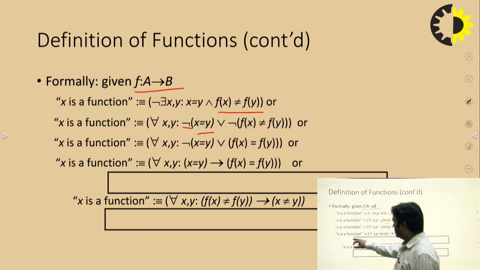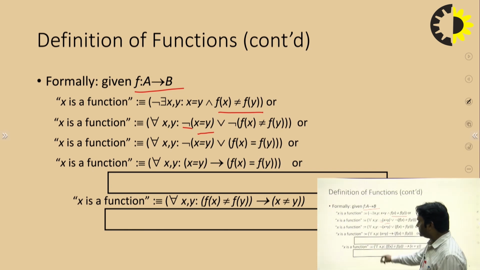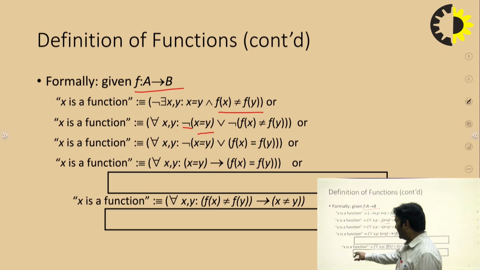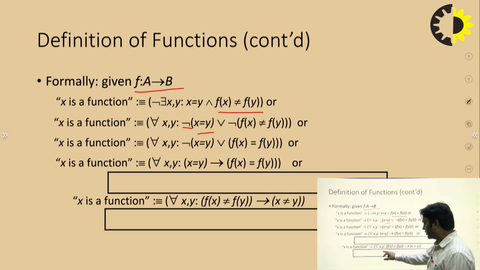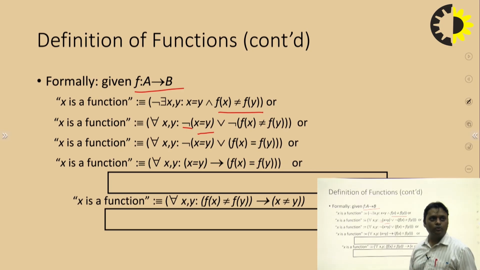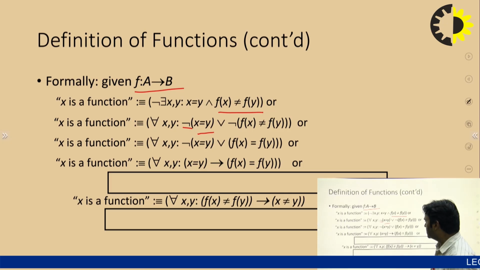Or f is a function if for all x, y, x equal to y, then f(x) equal to f(y). Or f is a function if for all x, y, f(x) not equal to f(y), then x not equal to y. These are some definitions of function.